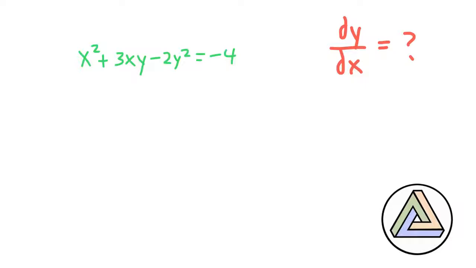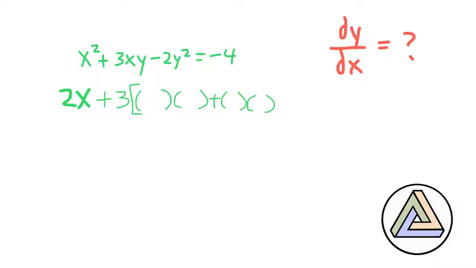Let's start with the first term. Clearly that becomes 2x. Notice how I'm just leaving it, right? We are respecting x. That is just a normal scenario. But then we have this other term coming up that says plus 3xy. Now we're going to have to do the product rule, so I'm just going to do this right now.